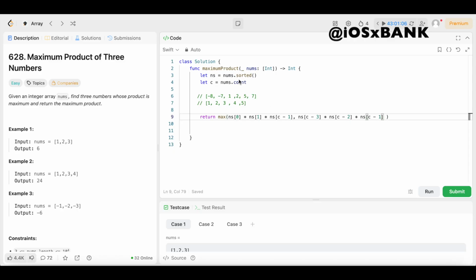Boom. So we sorted, let's go through this. We sorted the array. So say we have it sorted like this. Boom. Now we get the nums.count so we can see which element comes last. Then we return the max, right?